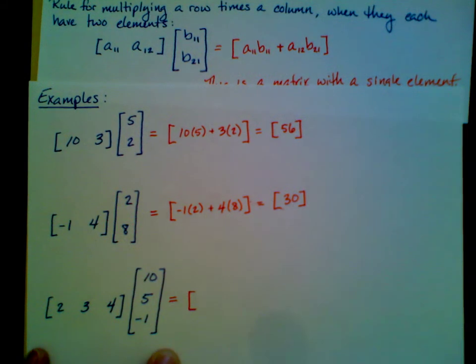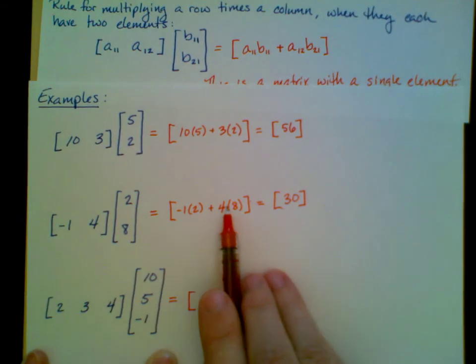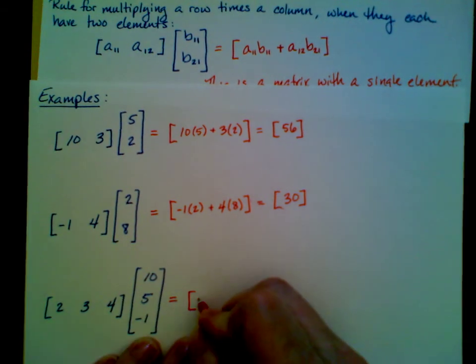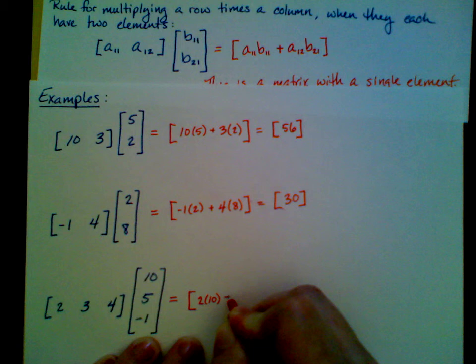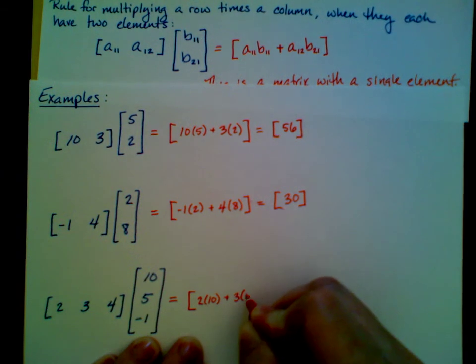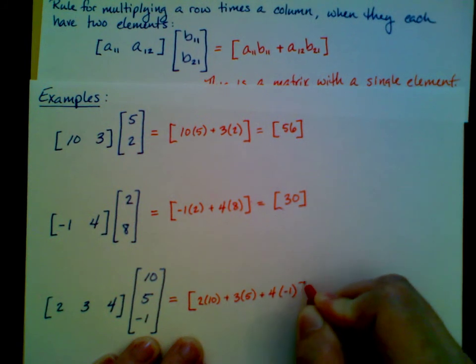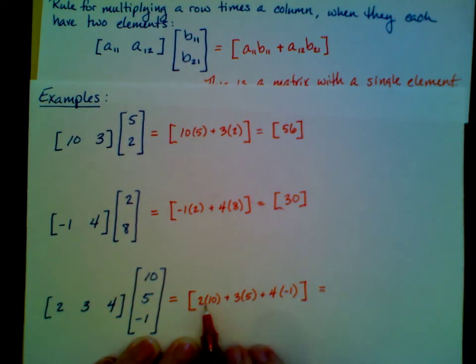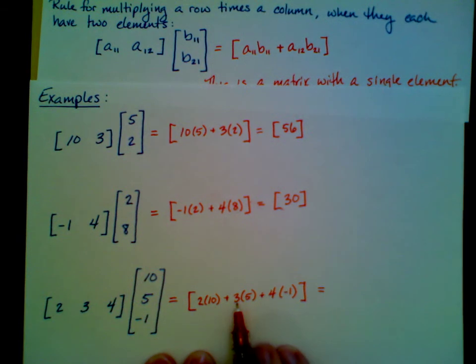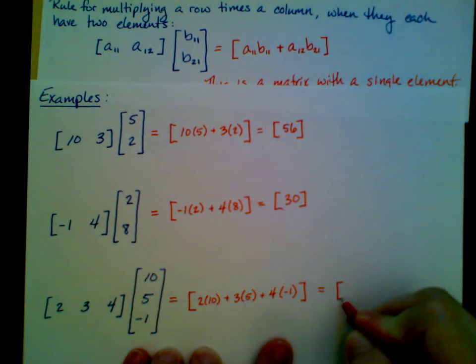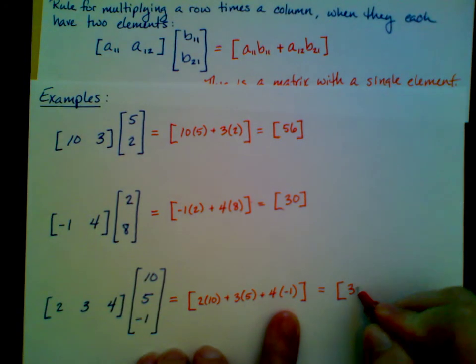And I'm going to do the same thing, except instead of just 2 things getting added together here, I'm going to have 3. So 2 times 10 plus 3 times 5 plus 4 times negative 1. All right, 2 times 10 is 20 plus 15, so that together will be 35, plus negative 4. Well, 35 plus negative 4 is 31.